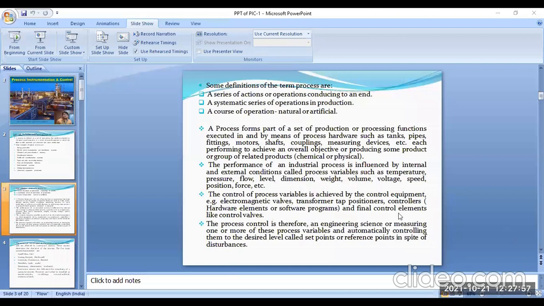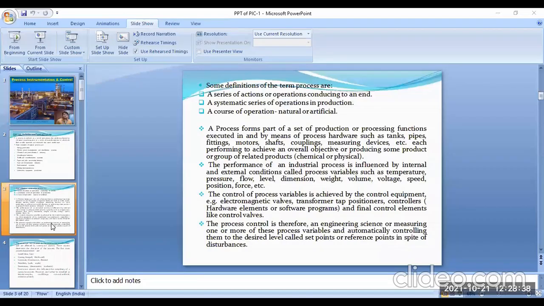In process industries, we use different types of controllers, and the controller part has two sections. In the software section, we use the PLC, the programmable logic controller, where we use different types of programming such as ladder diagram programming. We implement the different programs in the controller chip.